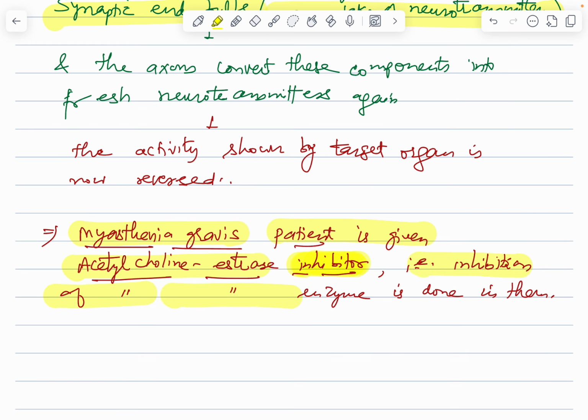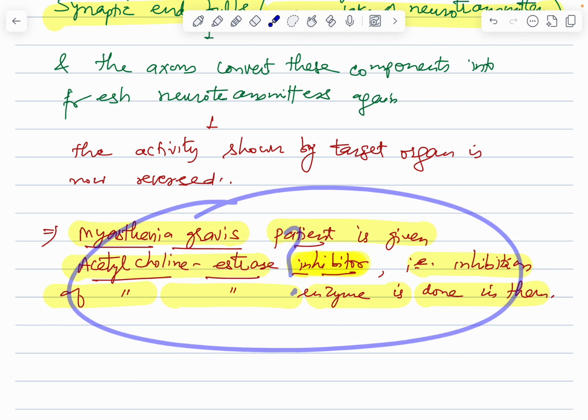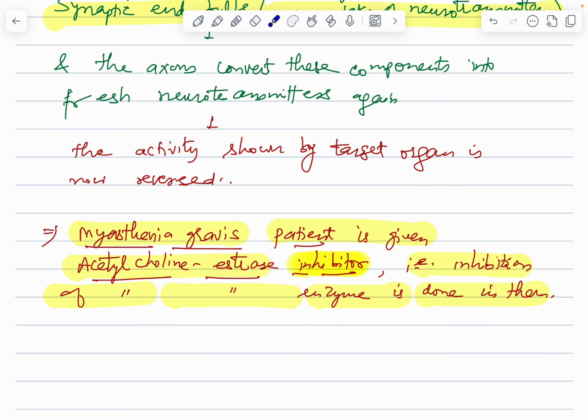The homework that you have, which you need to basically explore, is how is this going to help the person? When you give acetylcholinesterase inhibitor to the patient who is suffering from myasthenia gravis, does the situation get reversed? And if yes, why or how? So that is food for thought.